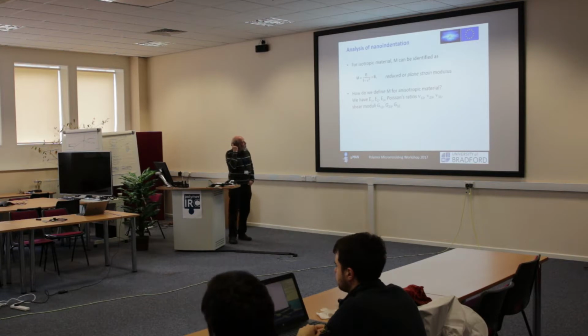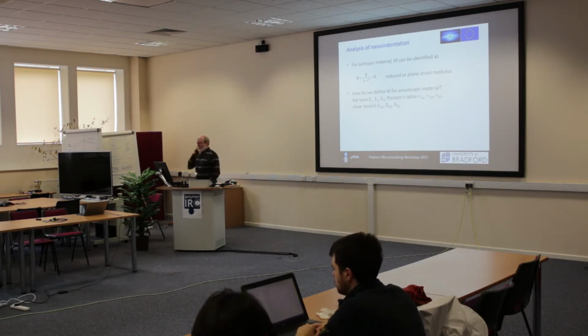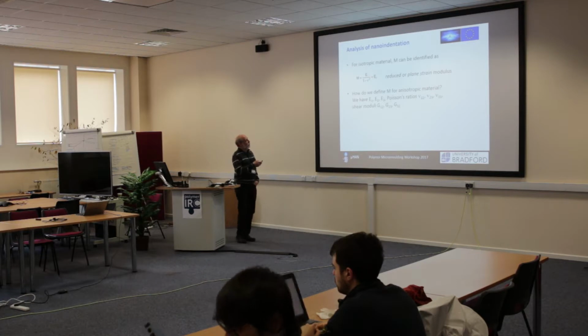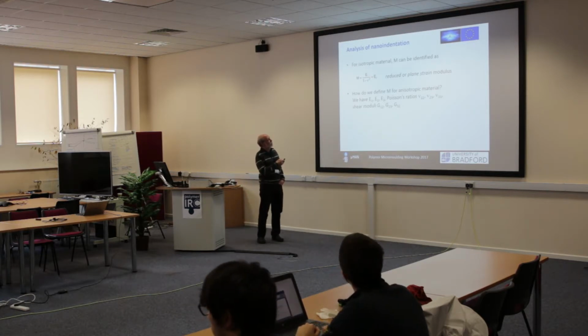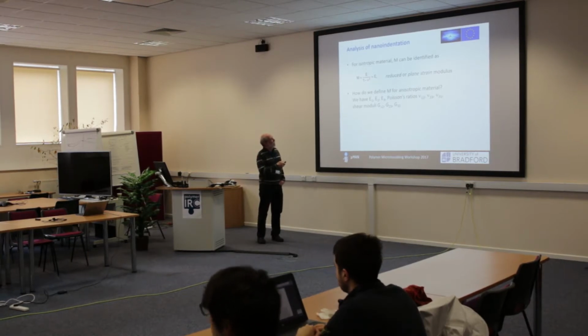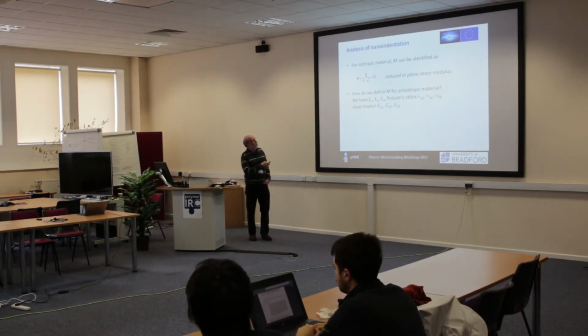Okay, so for an isotropic material, we can identify the indentation modulus as M equals E over 1 minus ν squared. So it's just involved with the two elastic constants, Young's modulus and Poisson's ratio. And that's known as the reduced modulus.